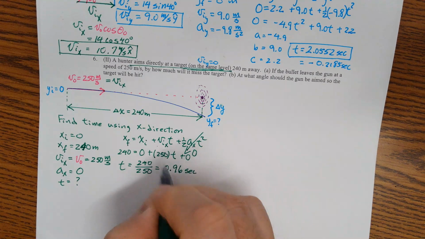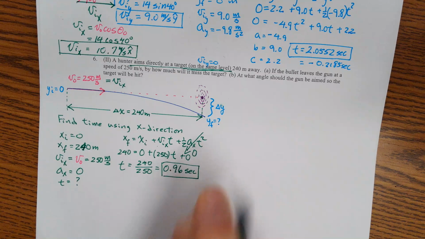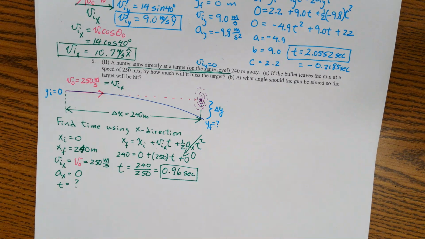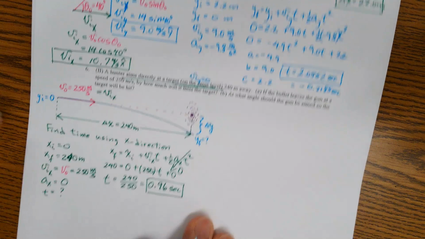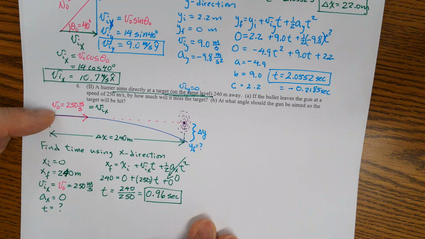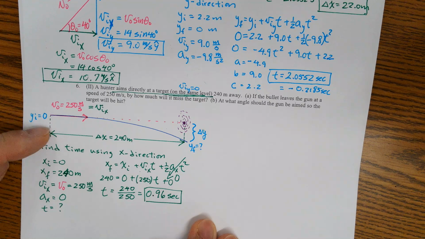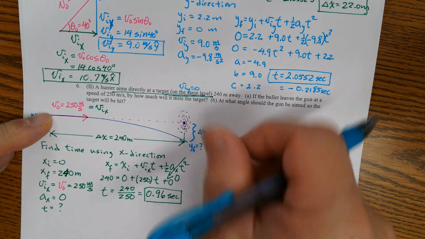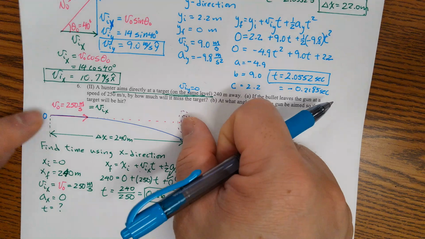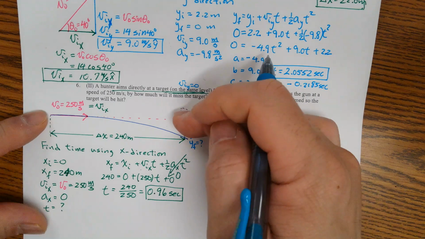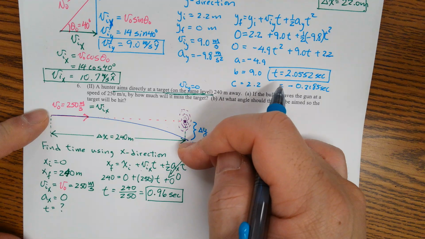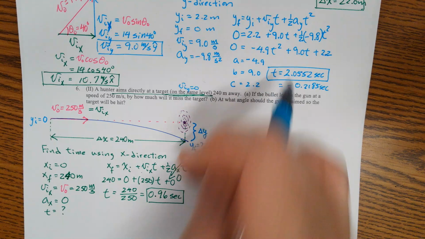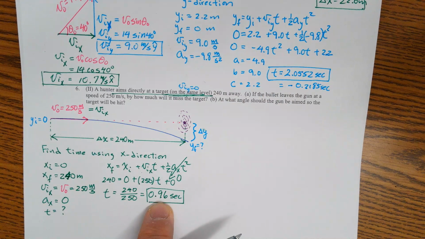0.96 seconds. So it's going to take less than a second to travel horizontally 240 meters. Now that we know that time, I want to see how much that bullet will be affected vertically by gravitational pull. By the time it takes less than a second to move 240 meters horizontally, it's going to fall for 0.96 seconds, right? So let's see how much it falls in this time duration.